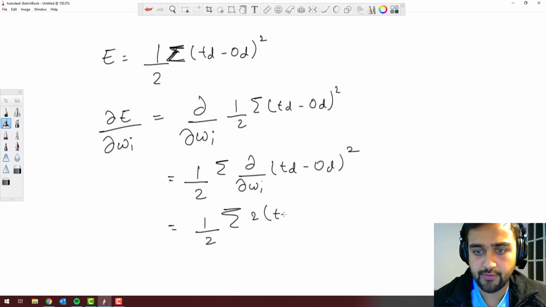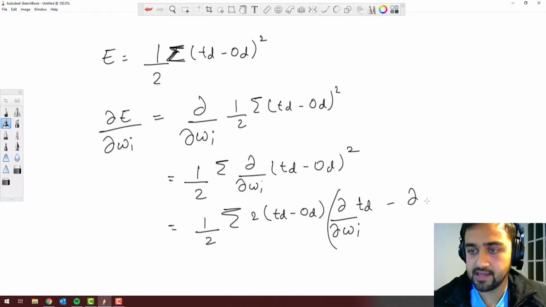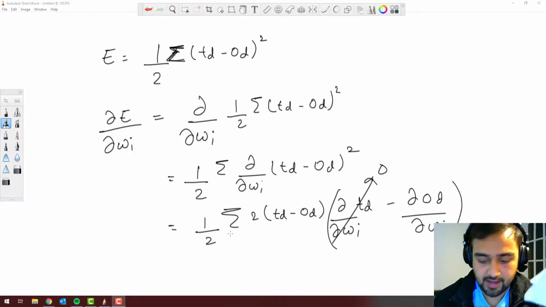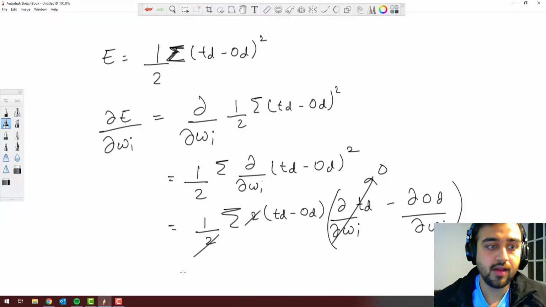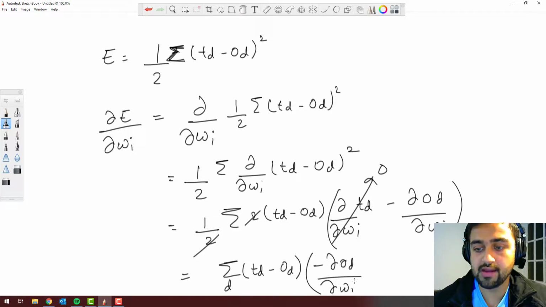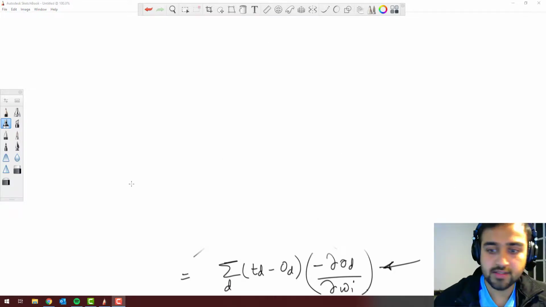We get twice of (td minus od) times d by dwi of (td minus od), where d of td upon d of wi is equal to 0. So in the end, let's cancel out 2, we are left with sigma of (td minus od) times the negative of d of od by d of wi. It's clear till here. So we have reached this point.